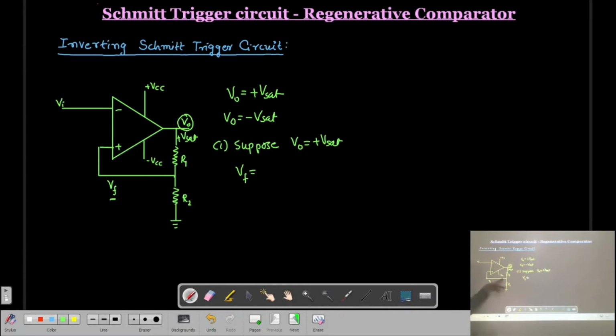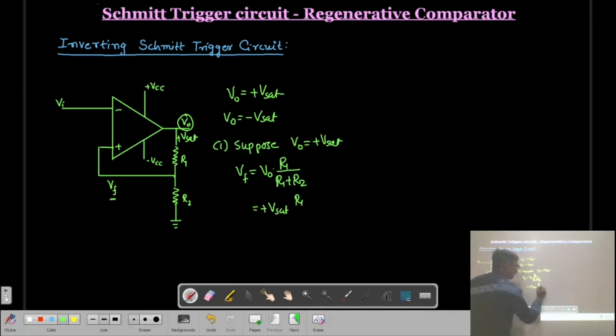The feedback voltage is nothing but the voltage across the resistance R1, and the total voltage is VO, so it is VO into R1 divided by R1 plus R2, which equals plus V saturation into R1 divided by R1 plus R2. This is one of the feedback voltages.